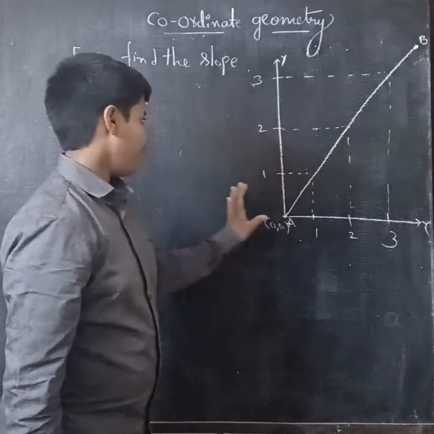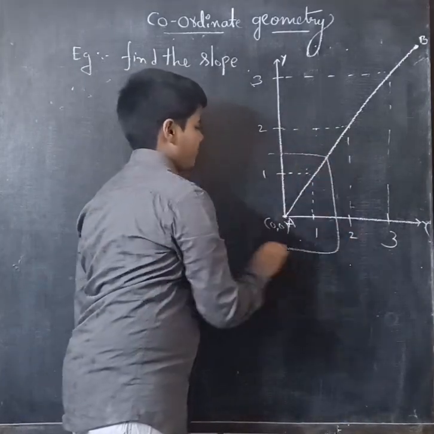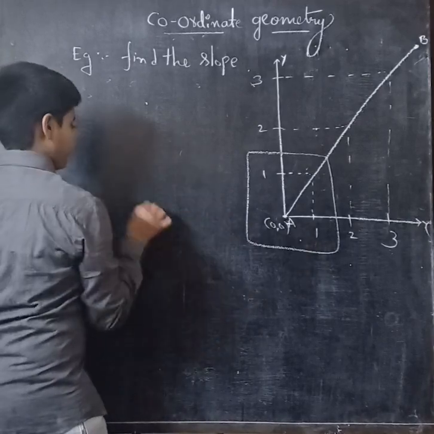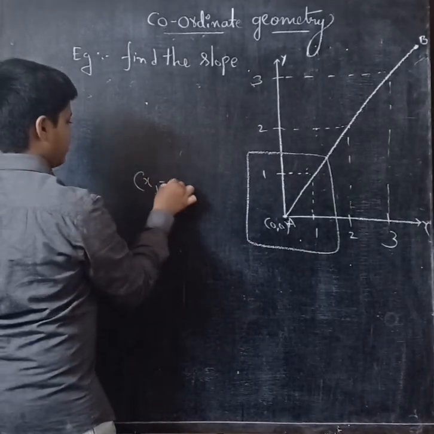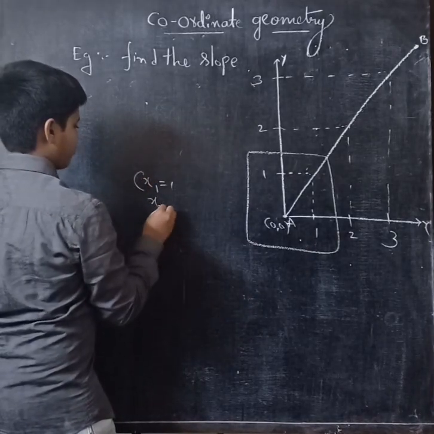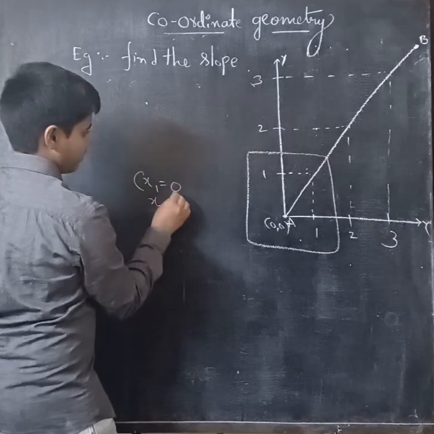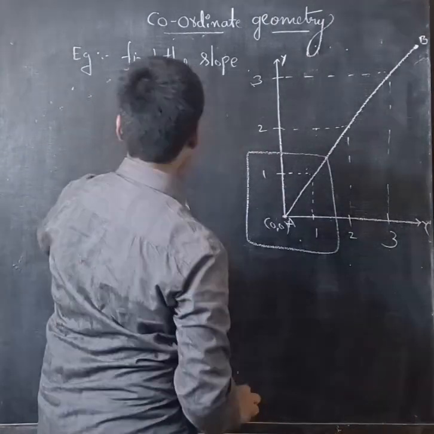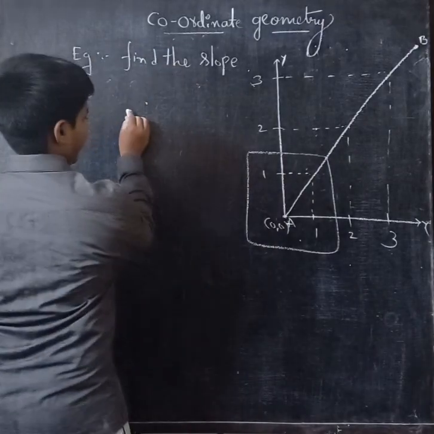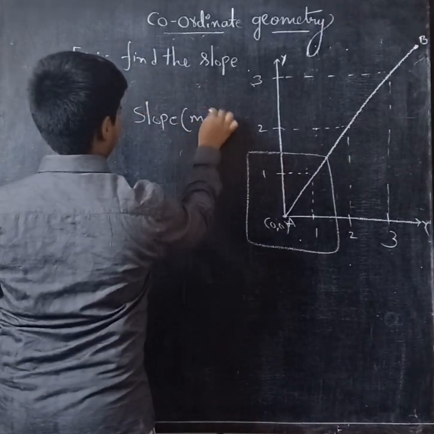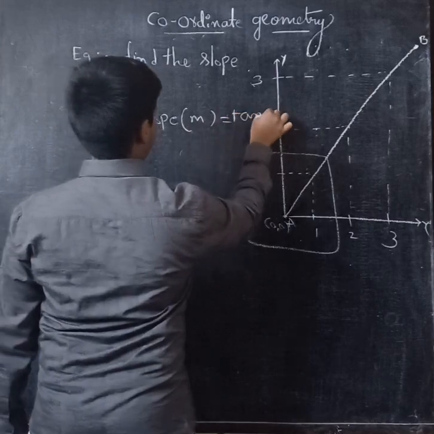Here, for this region, the x1 value is 1, the x2 value is 0. Here, to find the slope, m is tan theta.